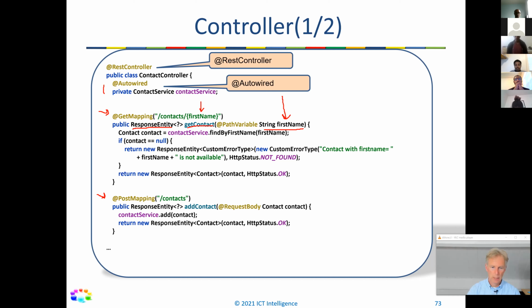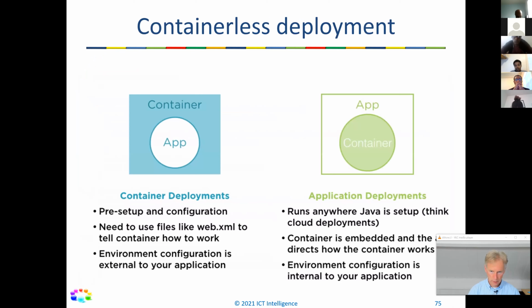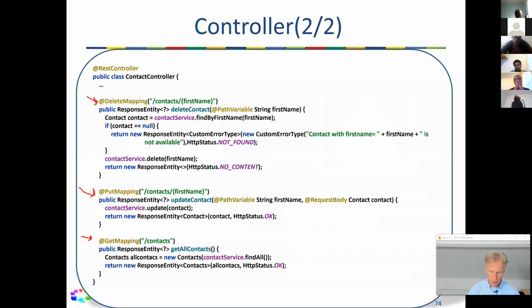Then I say, okay, find the contact with first name Bob. Now, if it returns null, meaning we don't have a Bob in the list, then I return a ResponseEntity with, in the body, a custom error type. This custom error type is a class that I wrote myself.